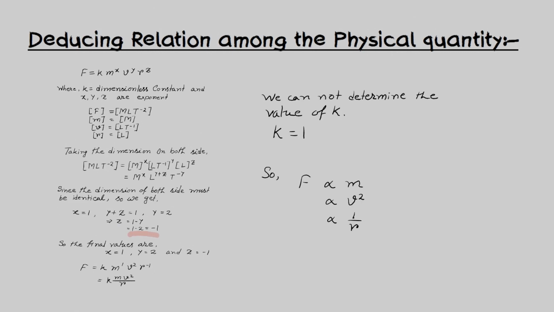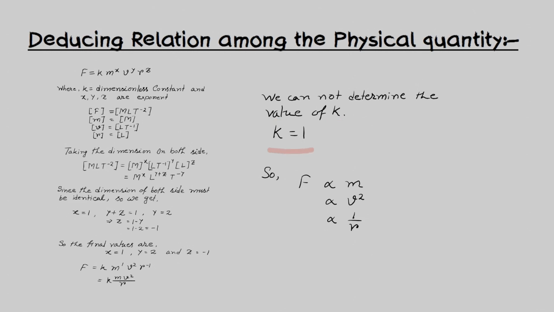So the final values are x = 1, y = 2 and z = -1. Putting these values in the equation, we get F = K m v^2 r^-1, and by rearranging, K m v^2 / r. We cannot determine the value of K from dimension analysis. By experiment, K = 1.